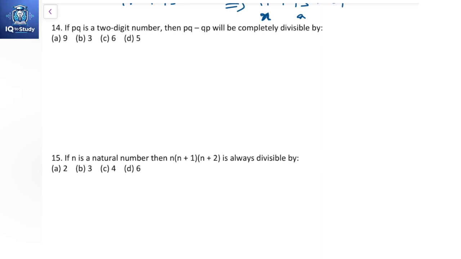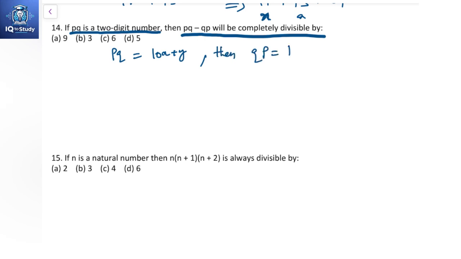If PQ is a two-digit number, then PQ minus QP will be divisible by? Let the two-digit number PQ is equal to 10x plus y. Then QP is equal to 10y plus x.